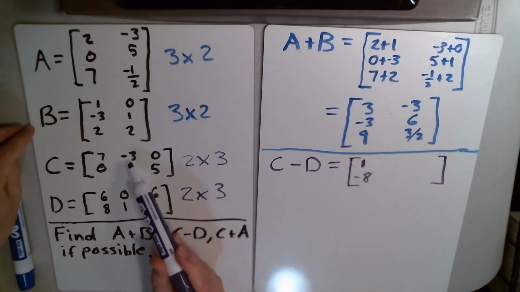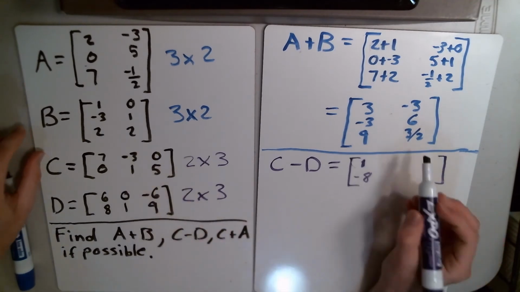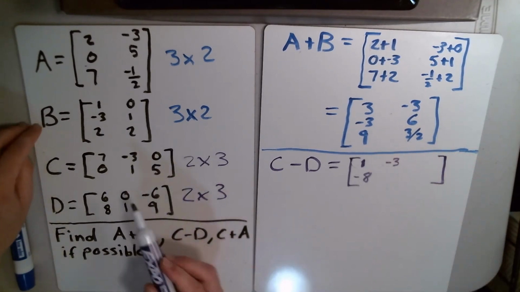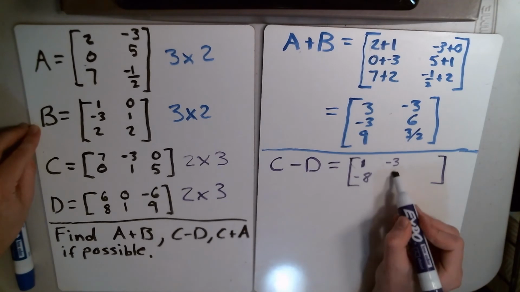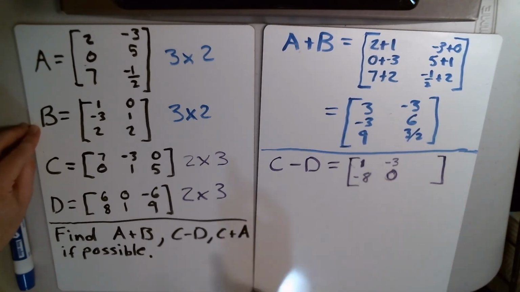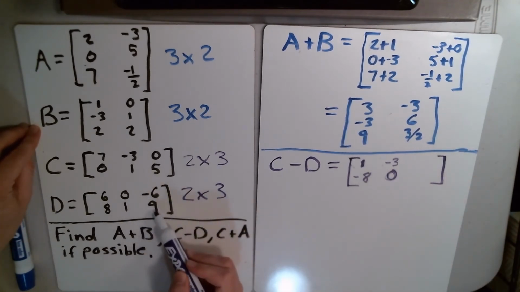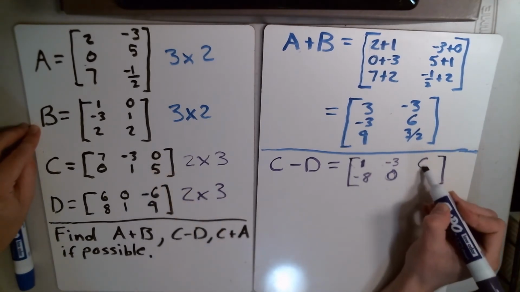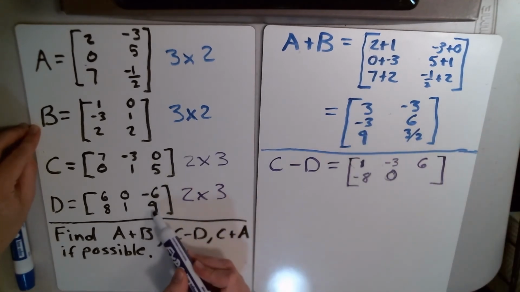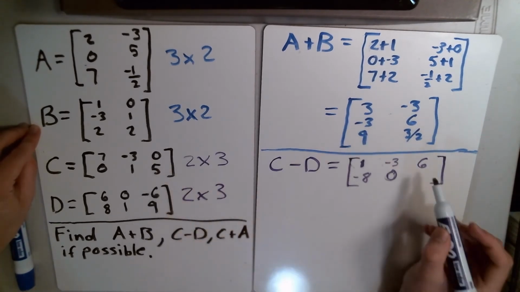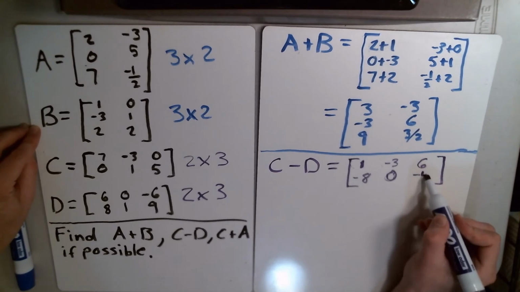Negative 3 minus 0 is negative 3. 1 minus 1 is 0. 0 minus negative 6 is positive 6. 5 minus 9 is negative 4.